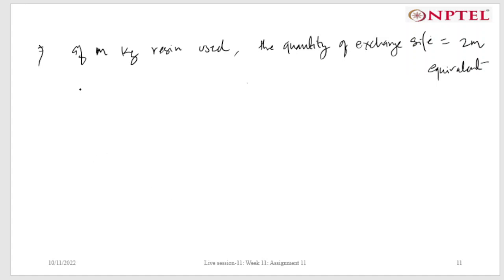Now YD, the fraction we calculated, 0.8657, of the exchange sites are now occupied by the calcium ions.